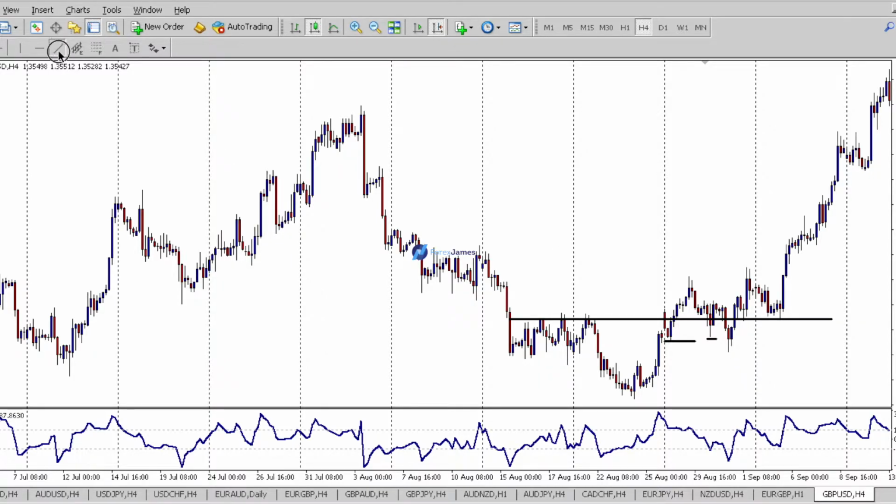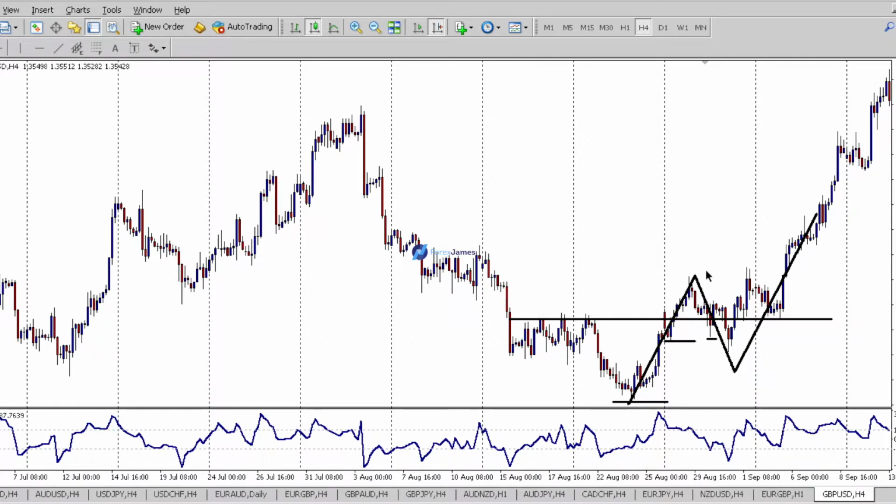Remember, guys, as long as this is making a higher high, it may even retrace further down and make a higher high. Okay, so with that being said, the correct stop loss placement should be beyond this point.